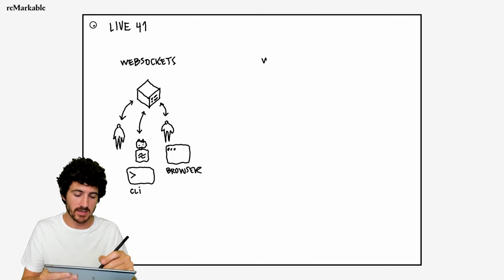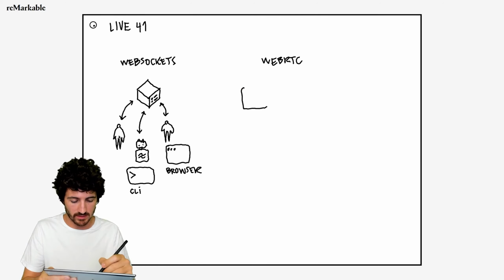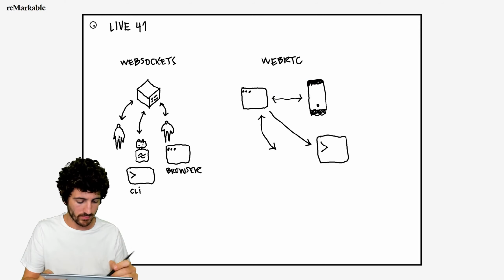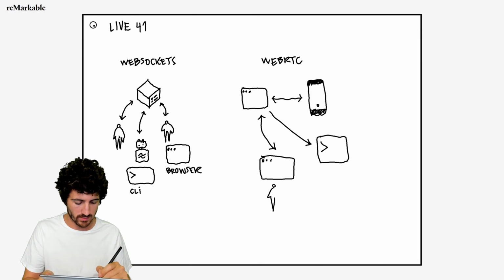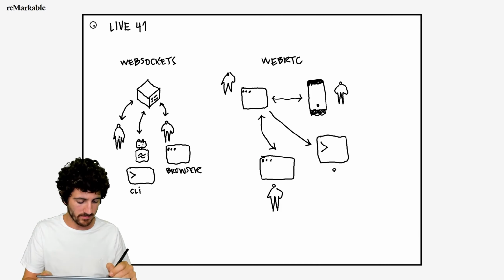And on the other side is WebRTC, which seems to be like different people with their devices, probably more like this, can communicate among them. We can probably also do other systems. So it would be different people. I think this is the difference in paradigm, right?